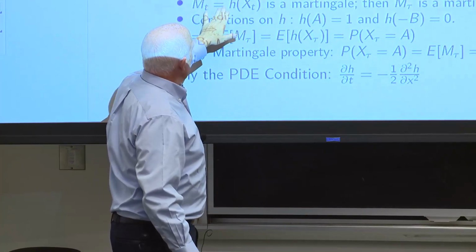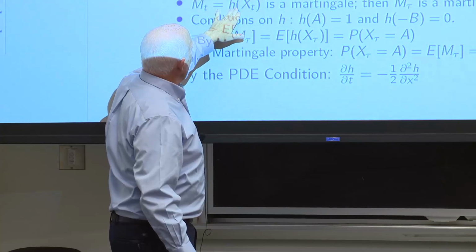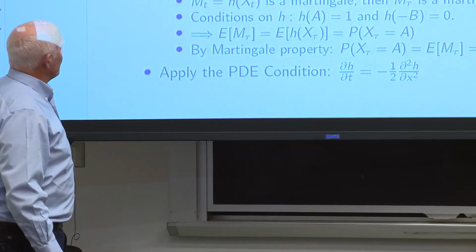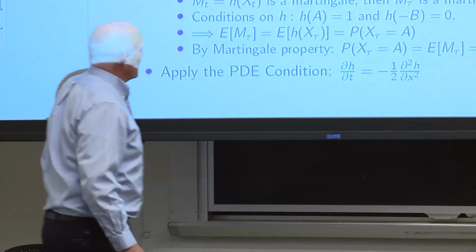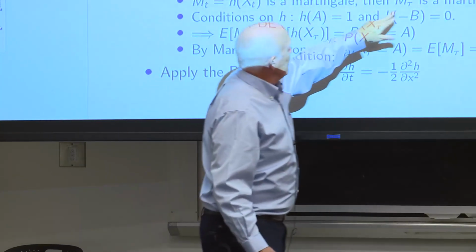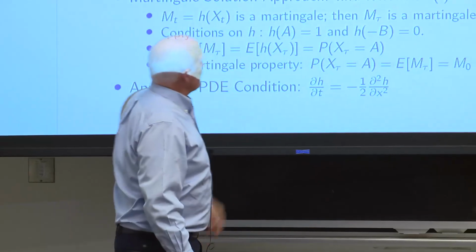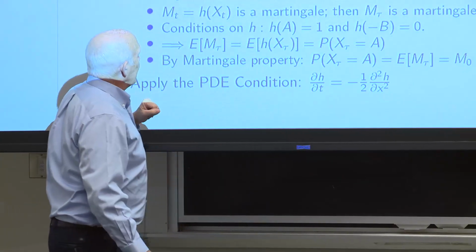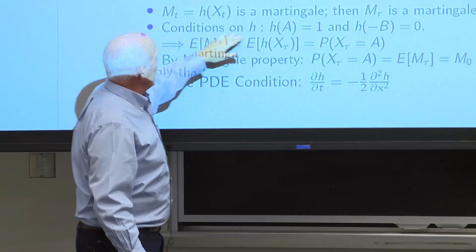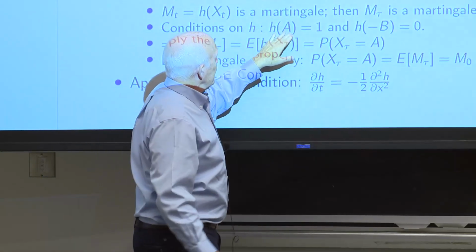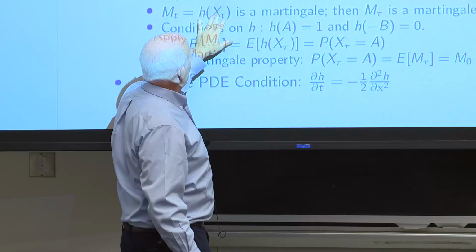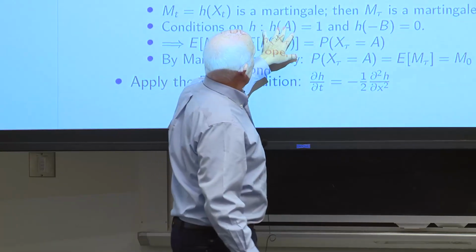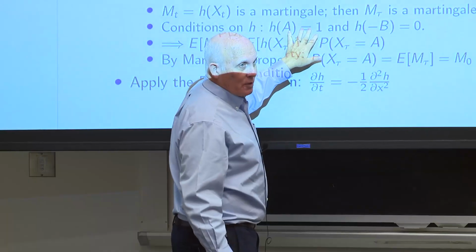So let's consider a martingale. Let's try to define a martingale with value h of Xt, defining Mt, where tau is the same stopping time, and the condition on h is going to be that if we are at the value Xt equals A, then the probability is 1.